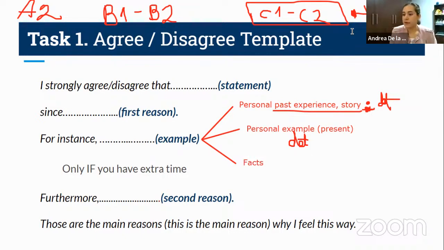So facts can also be in the past or in the present. You know, they could be past, they could be present. For example, you could say, I recently read an article from the BBC News that was analyzing the effects of the COVID-19 pandemic on students' grades, university students' grades.